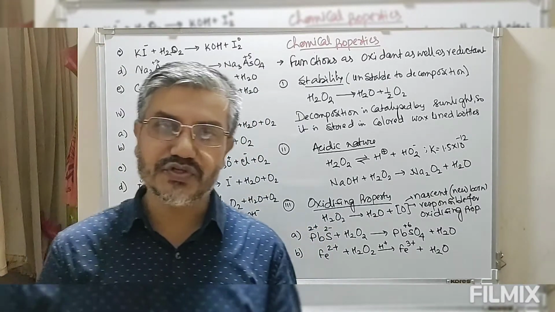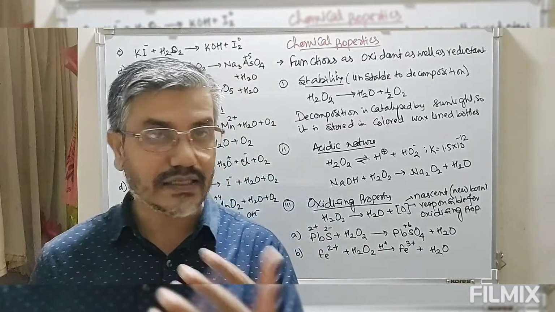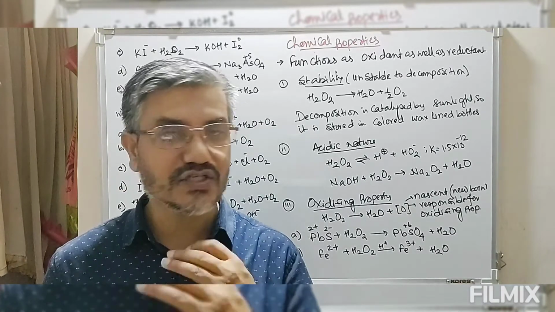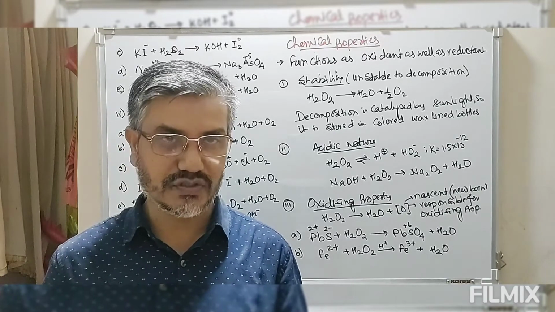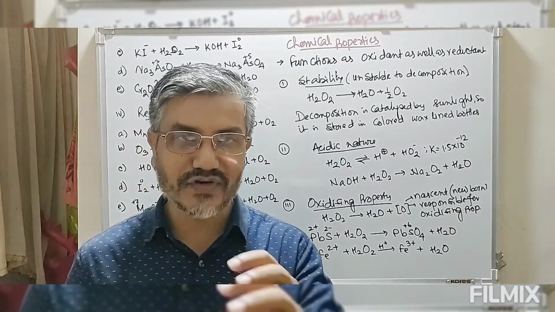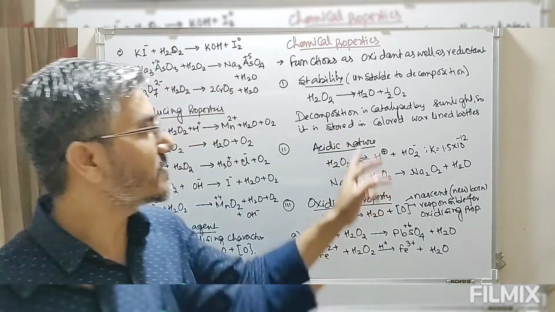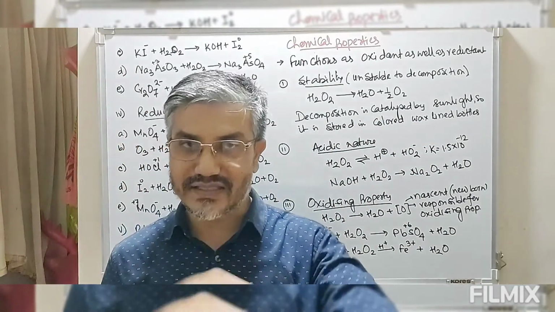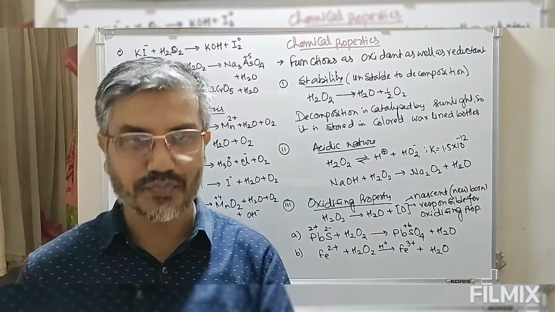This decomposition is catalyzed by sunlight or transition metals present in glass bottles. So to avoid this decomposition, hydrogen peroxide is always stored in plastic, colored, wax lined bottles, so that the catalyst for decomposition is not available and decomposition is suppressed.